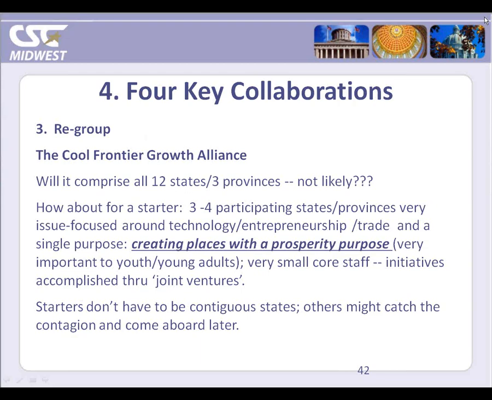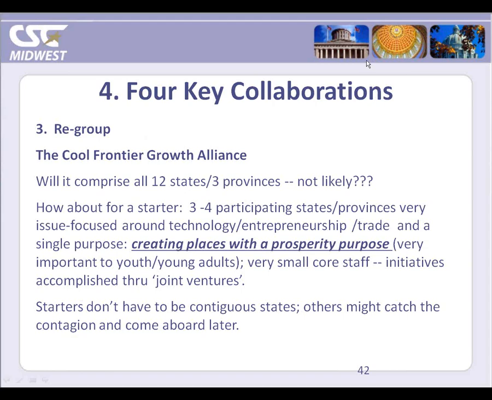Thirdly, we need some kind of structure. I call it the Cool Frontier Growth Alliance. I'm not suggesting some kind of large bureaucracy. Maybe it has a very small core staff and accomplishes its work mainly through joint ventures of finding 2, 3, 4 states or provinces that are very focused on a particular aspect of technology, entrepreneurship, or trade, and really driving hard on this.